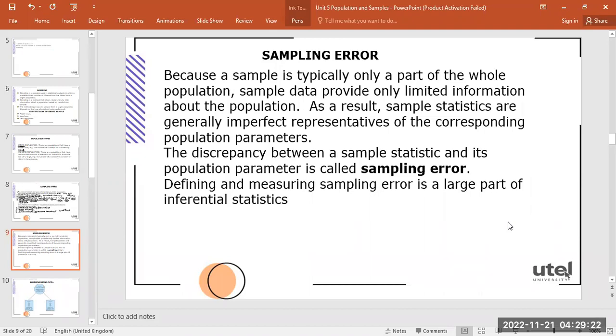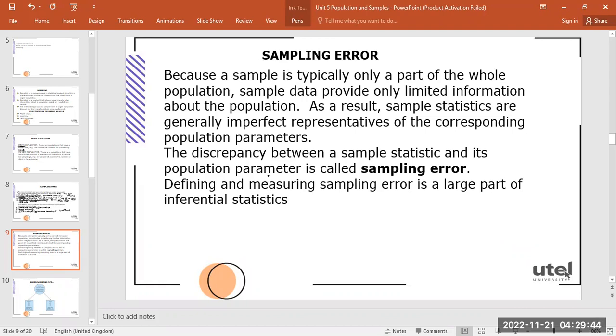As a result, sample statistics are generally imperfect representatives of the corresponding population parameters. So when we sample, we need to try as much as possible to sample properly so that we can minimize these discrepancies.